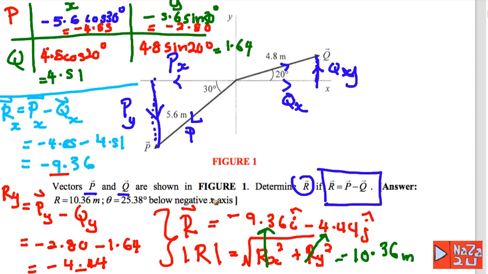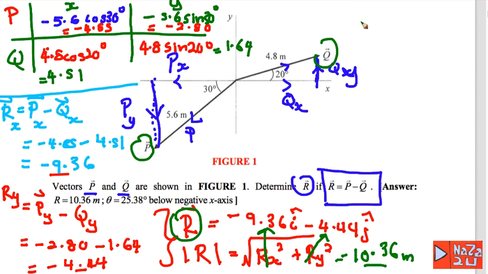Next, to calculate the angle of R, because you have two vectors, vector P and vector Q, you have a resultant. R is the resultant force. What is the angle? What is the position of R in the diagram?